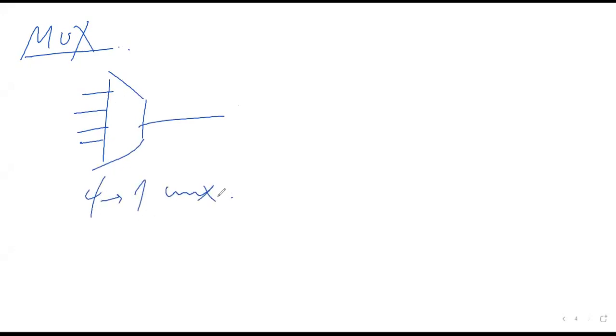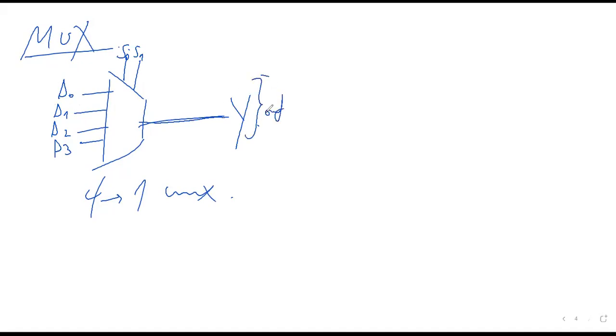What the mux does, it accepts multiple inputs. In this case, we have D0, D1, D2, D3 and data selectors S0, S1. It accepts all these multiple inputs, and the output is only 1.